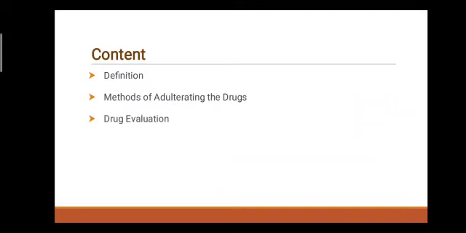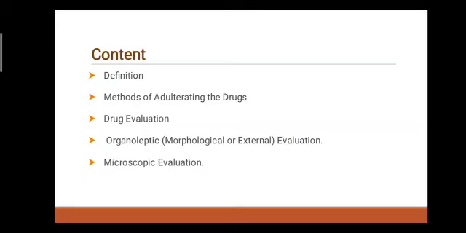Content of presentation: definition, methods of adulterating the drugs, and drug evaluation. In this presentation, we will discuss the two methods of drug evaluation. In that, first, the organoleptic is also called as morphological or external evaluation, and second one, microscopic evaluation.